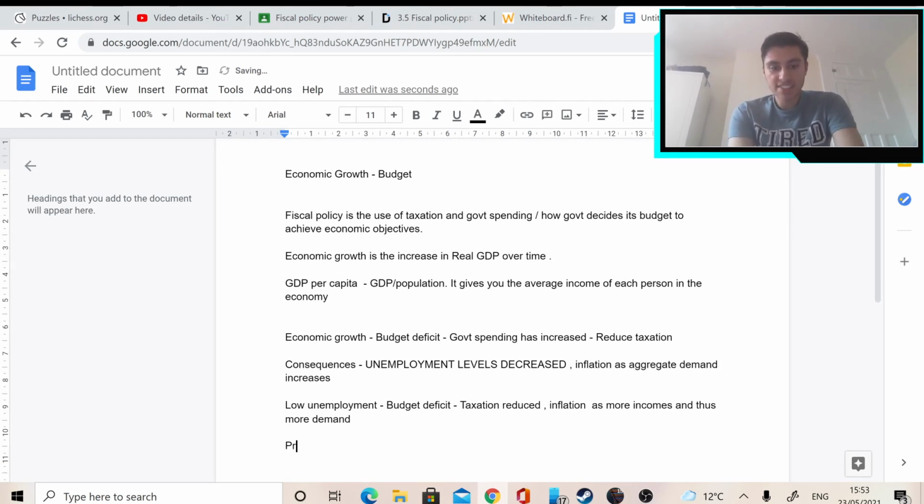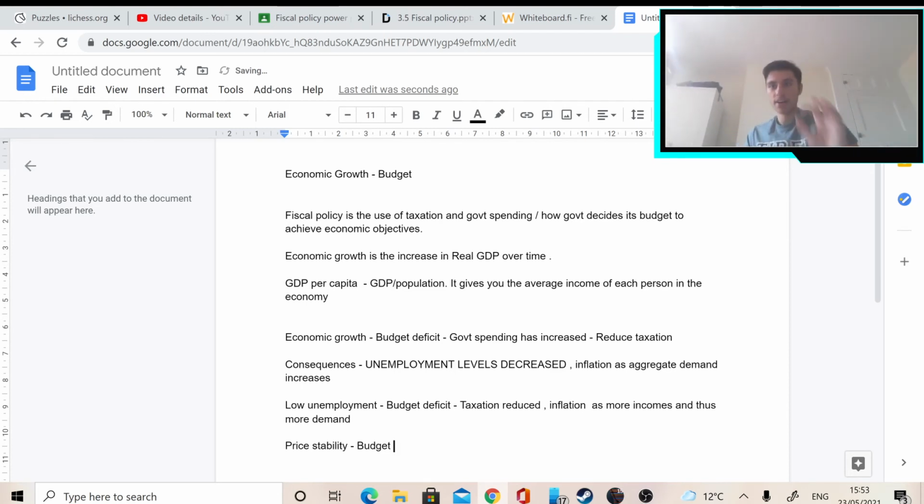Then if you want price stability, in this case you tend towards a budget surplus. You want to spend less money in the economy. You would want to ensure that people have less money to spend.